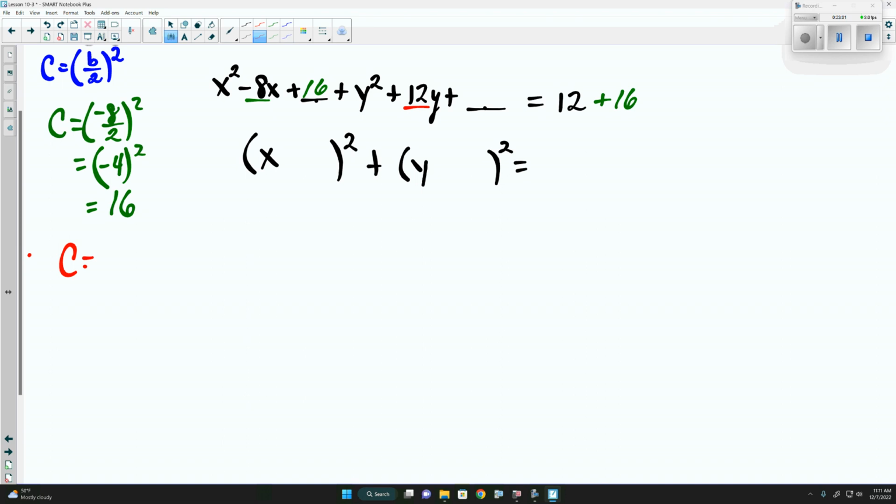So c is equal to (12 over 2) squared, 6 squared, so we'd have 36, and we would add 36 here. Now the easy one is this here, 12 plus 16 plus 36 is 64.